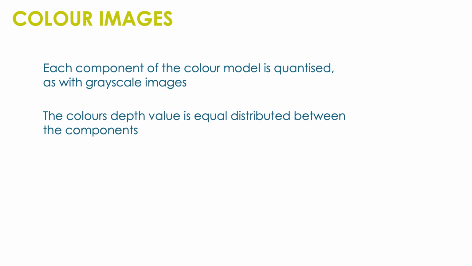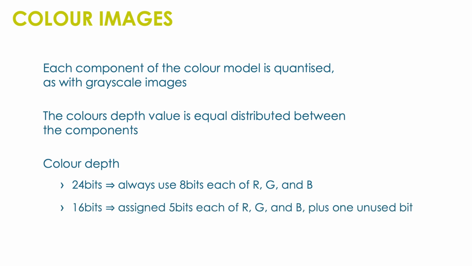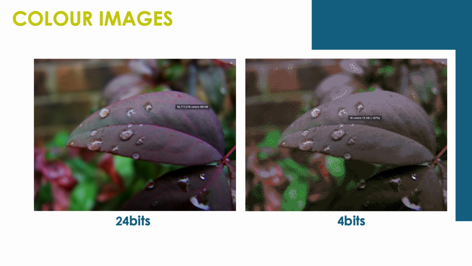For example, if we have a color depth of 24 bits, this means 8 bits for each RGB channel. If we have a color depth of 16 bits, this means 5 bits for each RGB channel plus 1 that is an unused bit. In this picture, we can see the difference in quality between a color image with 24 bits and one with 4 bits color depth.